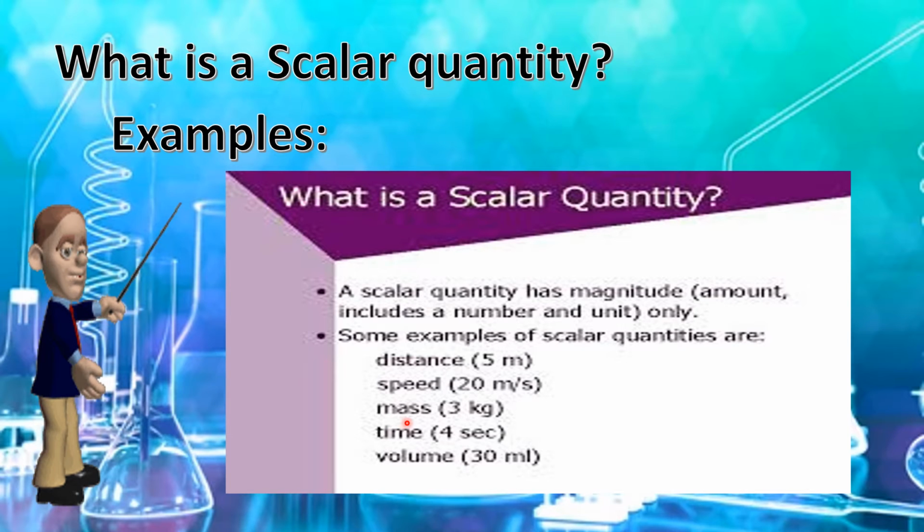Next is mass, 3 kilograms, quantity only or the size. Time, 4 seconds. Volume, 30 ml. These are some examples of quantities which only have numbers or size, but no direction.